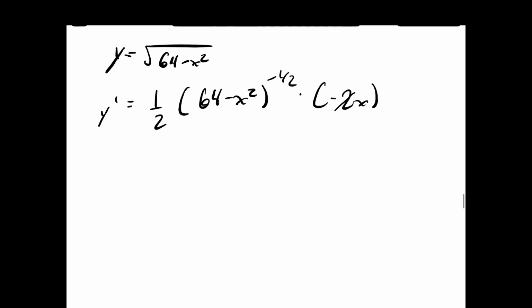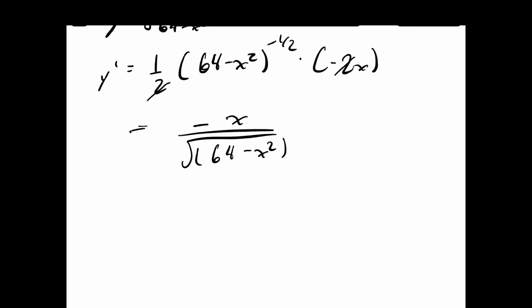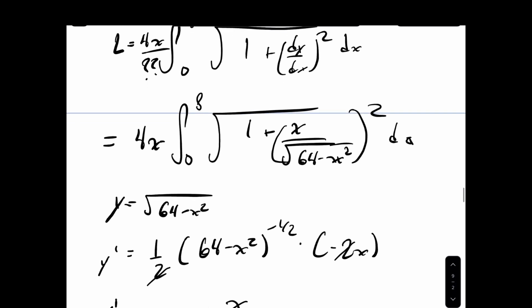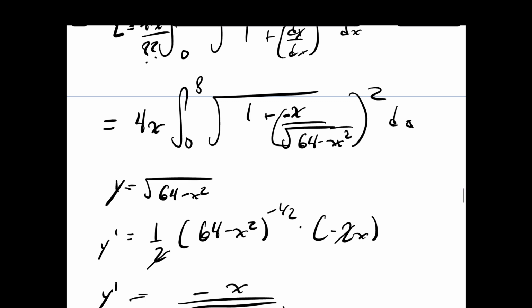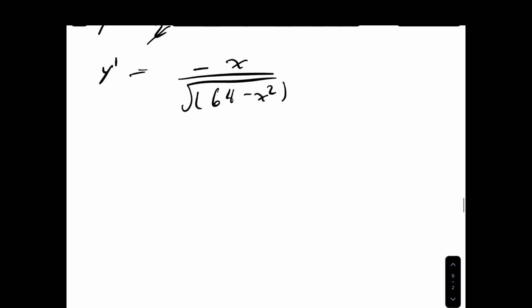Yeah, okay, this is going to cancel out. You're going to get negative x over root 64 minus x squared. Okay, that makes sense. And then he plugs that in. This is where you get the negative here. Then he squares that. Okay, so now we can go back.